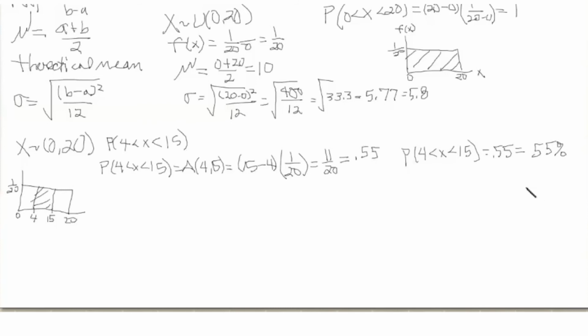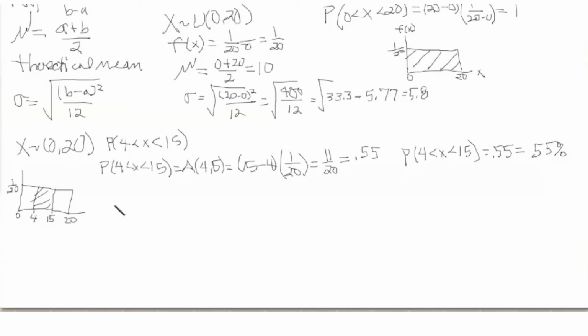Okay, any questions? Okay, so these are the formulas for finding the uniform distribution. Now there's one more point with a uniform distribution, so remember it's the area under the, the shaded area under the line.